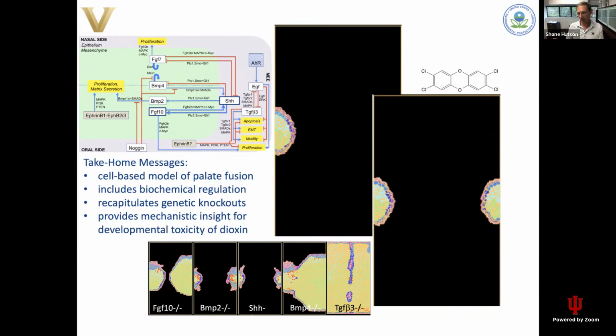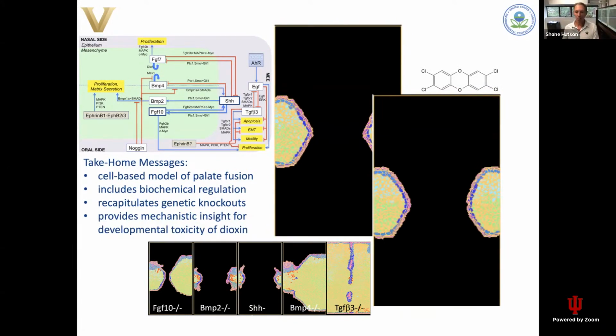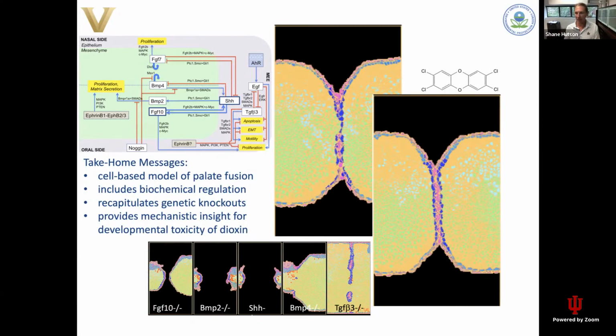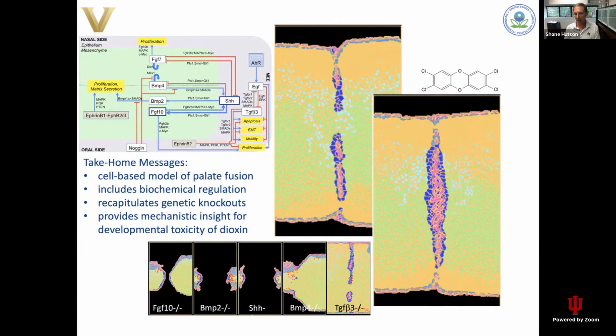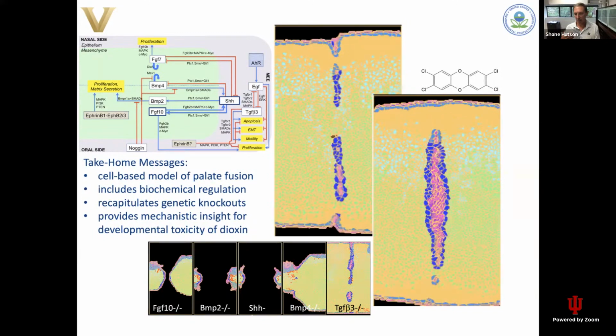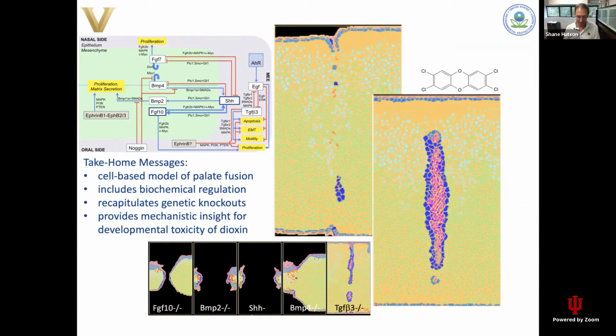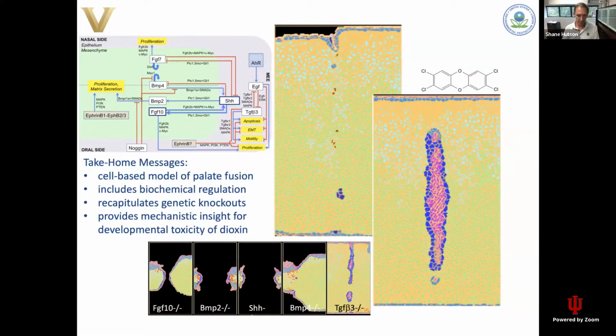And then finally, since I was working with EPA on this, we want to use it for developing some mechanistic insight into developmental toxicity. And in this case, we were looking at dioxin. That's a classic toxicant that is known to disrupt palate fusion, one of the many things that it can unfortunately do.